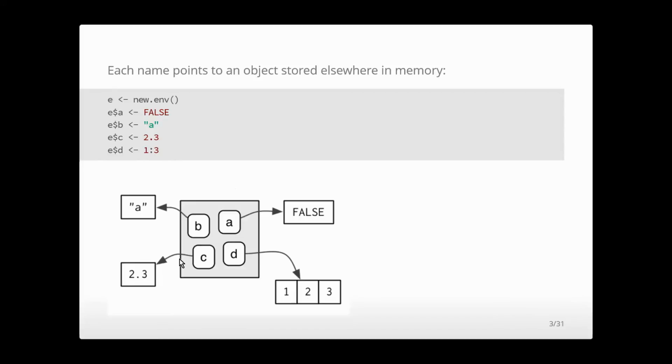This takes the letter A and binds it to the value false, or takes D and binds it to the values 1, 2, and 3. Inside your computer, it's storing these values 1, 2, 3 somewhere in memory, but the environment says this is the name and I want you to bind it to this value.